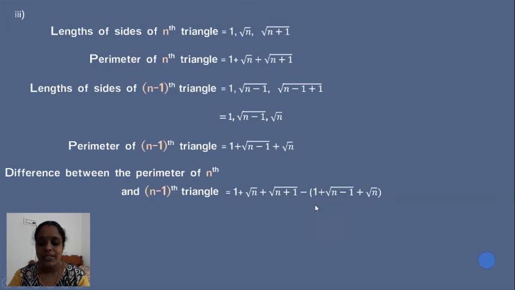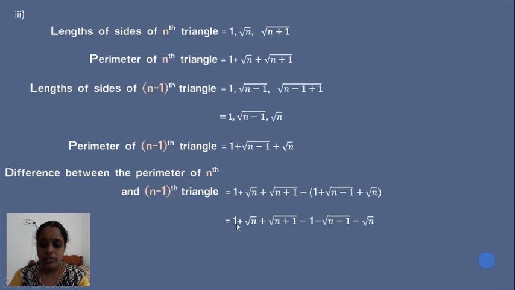Here also you can see after the negative sign, I put the bracket. After simplification, we can write it as 1 plus root n plus 1, minus plus 1 is minus 1, again minus root n minus 1, and minus root n. Here we are doing the operation of multiplication after removing the bracket.